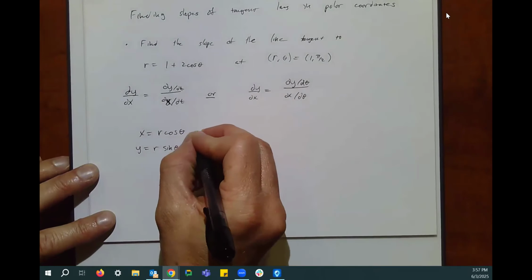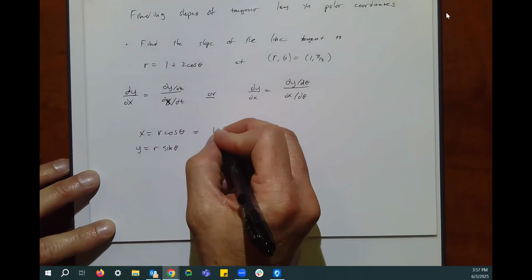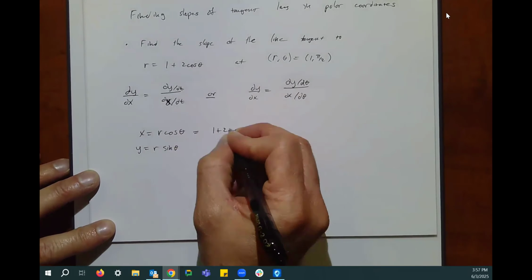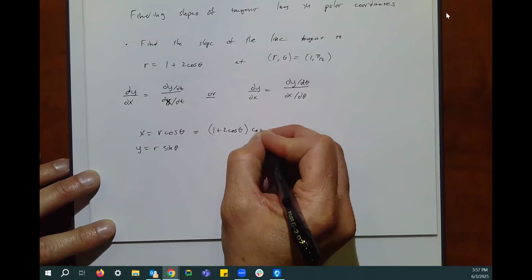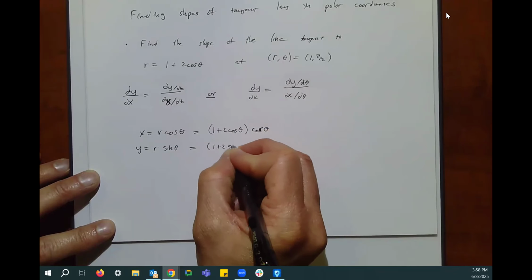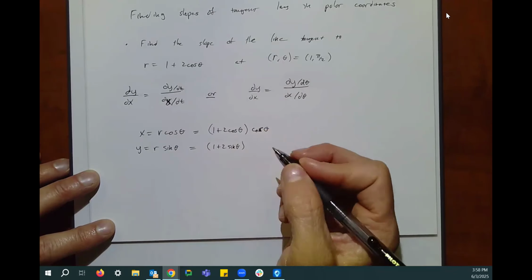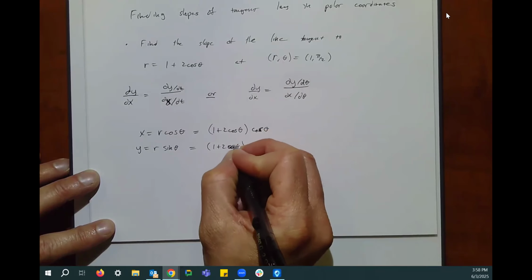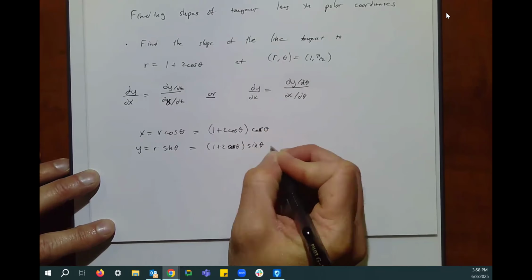So our x equation is really (1 plus 2 cosine theta) times cosine theta. And our y equation is really (1 plus 2 cosine theta), apologies, times sine theta.